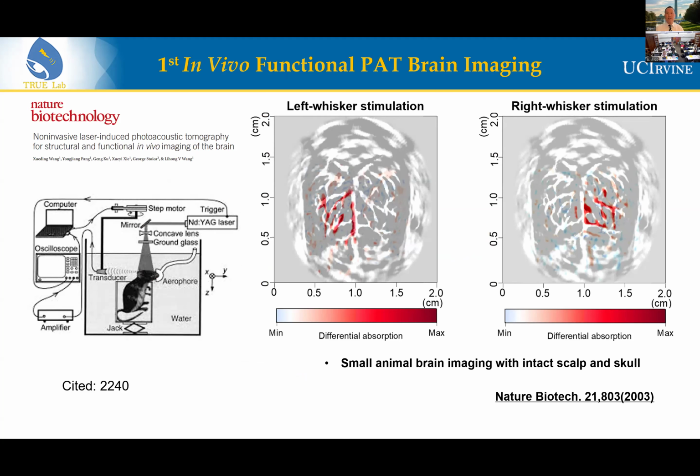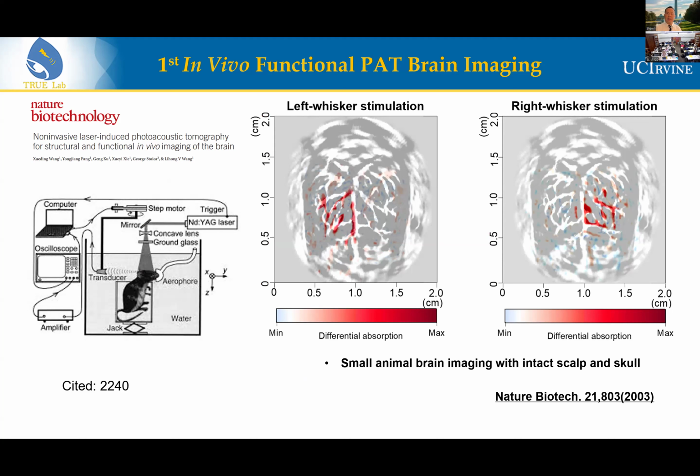The reason this paper really caught attention is not only that it was published in a Nature journal, but also that it was the first time people imaged the brain without having to take off the scalp and the skull. Of course, we have to remove the hair, but everything is intact, it's non-invasive.